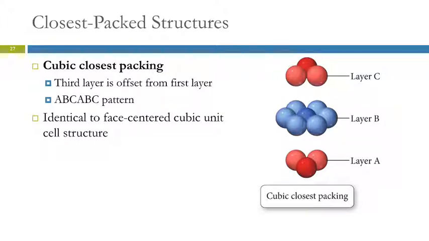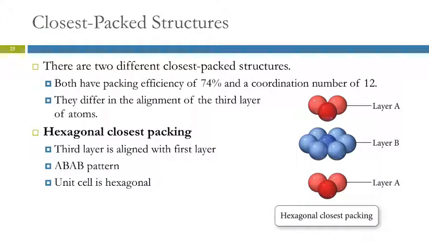We can also do what's called a cubic closest packing. So you've got layer A, layer B is offset, but now layer C is offset from layer A. So here the dark red, it would be above these two lighter red instead of like this, where the dark red one is directly above.